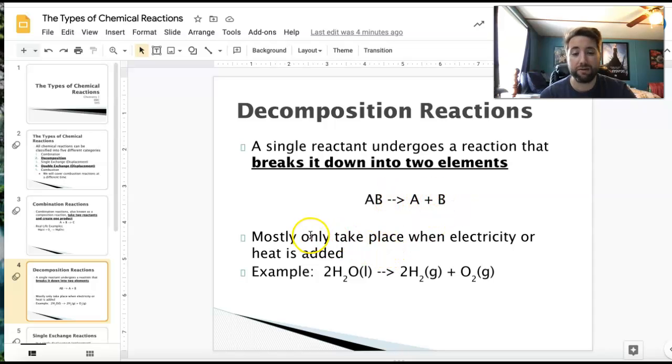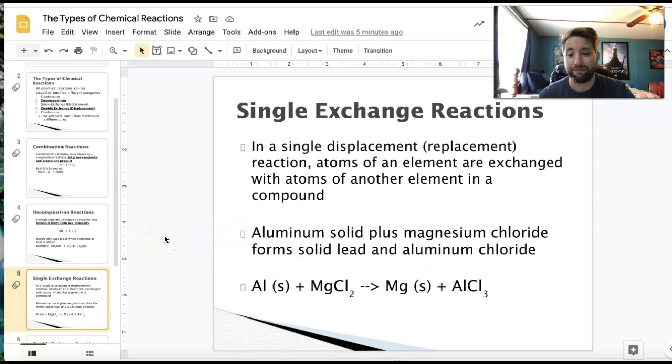Most of the time this only takes place when you add heat or electricity to something. For example, this is liquid water, and if we add electricity to it, it's called electrolysis. Electrolysis creates hydrogen gas, which is H2, and O2, which is oxygen gas. This is an example of a decomposition reaction because we have one reactant, and it forms 2 or more products. Again, mostly it's going to take place when electricity or heat are added.